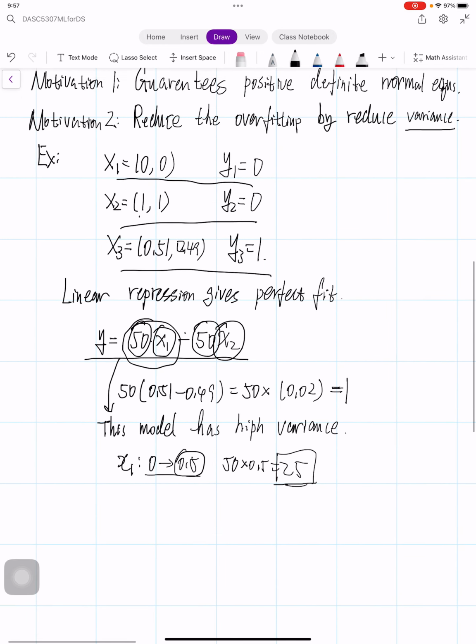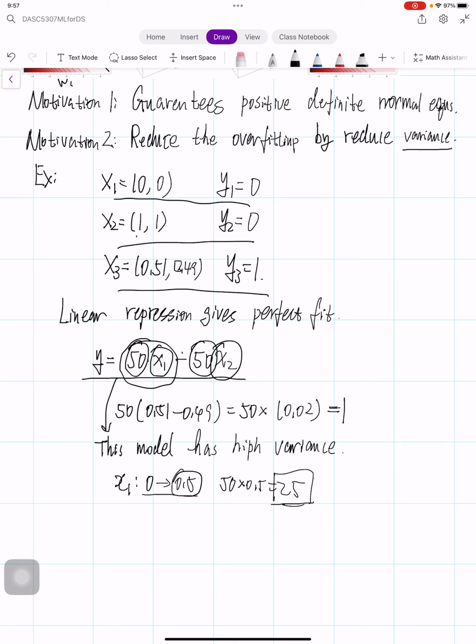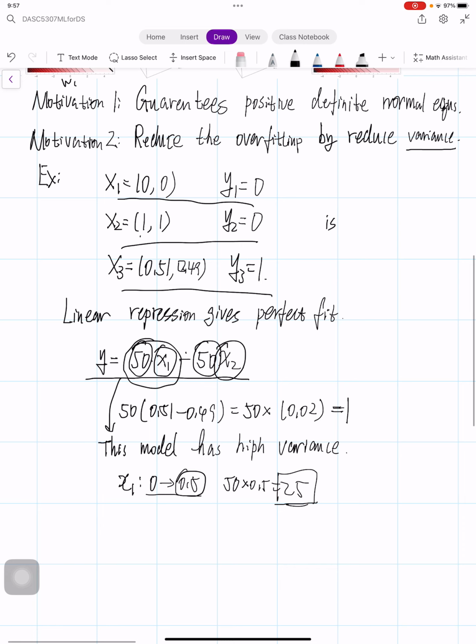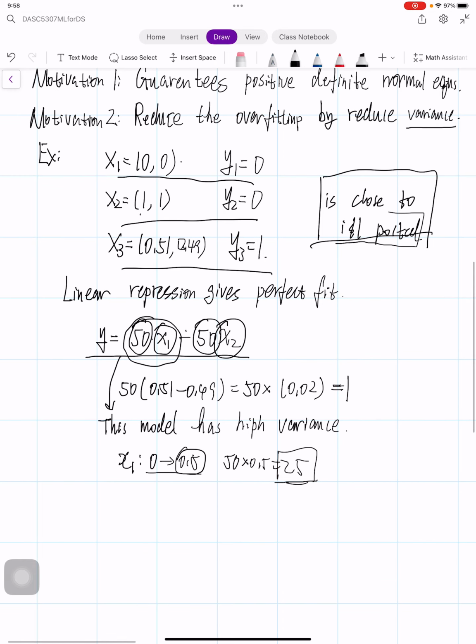The second motivation shows that if your model has large variance and a lot of overfitting, it implies your problem is close to ill-posed. Even though we can find a good solution, if you change x a little bit, you don't have solutions. That's the motivation for the ridge regression.